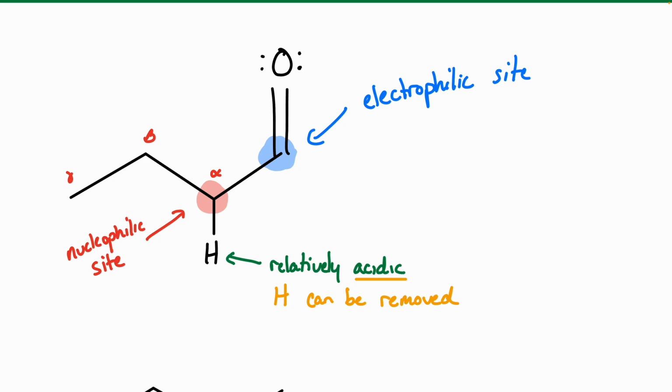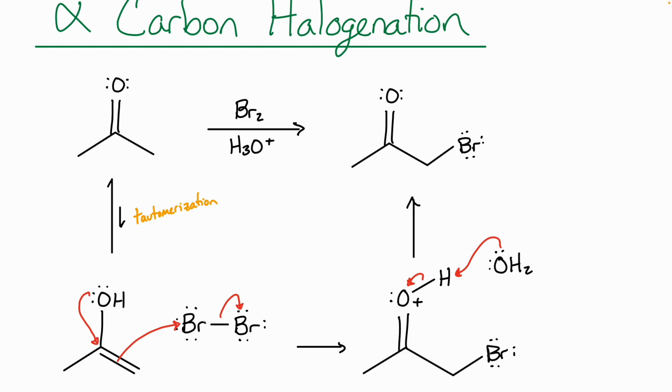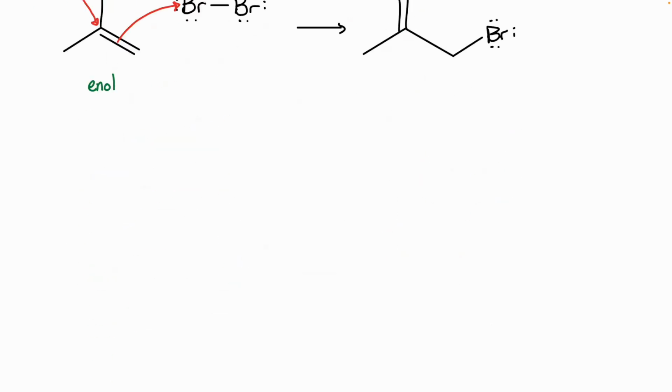All right, so keeping on with this alpha carbon halogenation business, we started out our first example with a symmetric ketone here. So it didn't matter which side I chose, I would have gotten the same product. All right, now let's play the same game here, but with an asymmetric ketone.